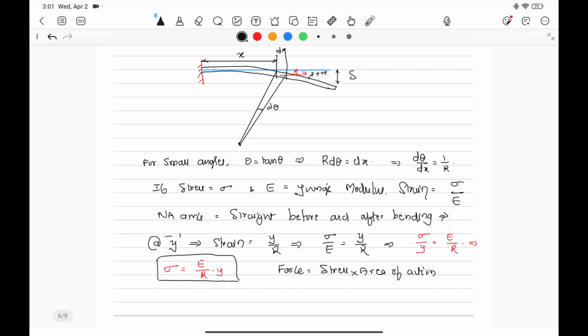In the bottom portion, strain is negative. There is one neutral axis passing through in such a manner that strain is 0. But the position of the neutral axis and this, both, we see that they are coinciding.